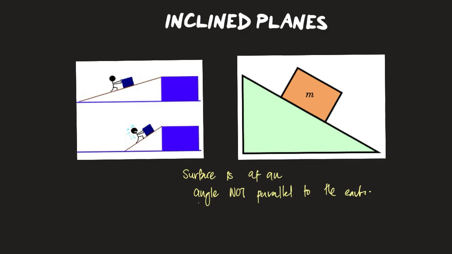Now, when a surface is at an angle, these two images above here, what we're looking at is what would be the object's motion if you tilt that surface. So incline just means we're going to tilt it. Right? Now, depending on the type of angle, that will influence what happens to an object.